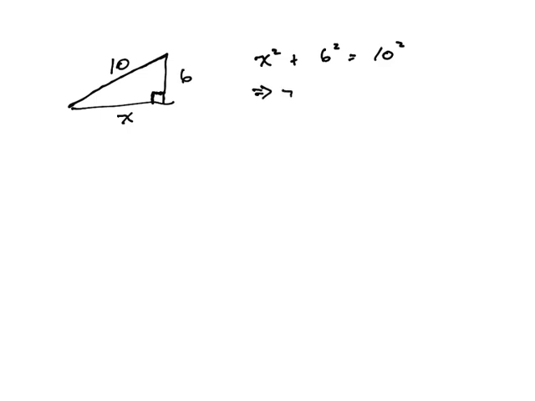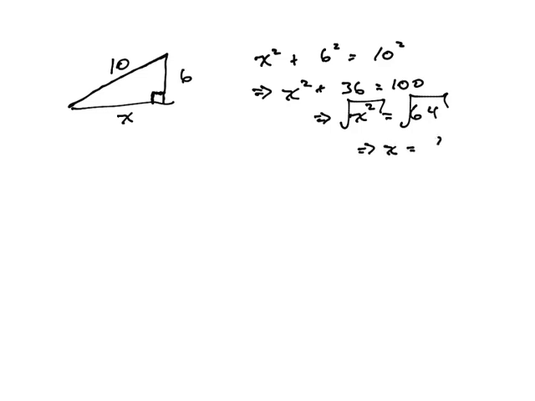All right, so we have x squared plus 36 is equal to 100. I want to get the x by itself, so I'm going to move the 36 over to the right. That becomes 100 minus 36, which is 64. Again, I don't want squared, so I take the square root of both sides, and that tells me x must be 8.